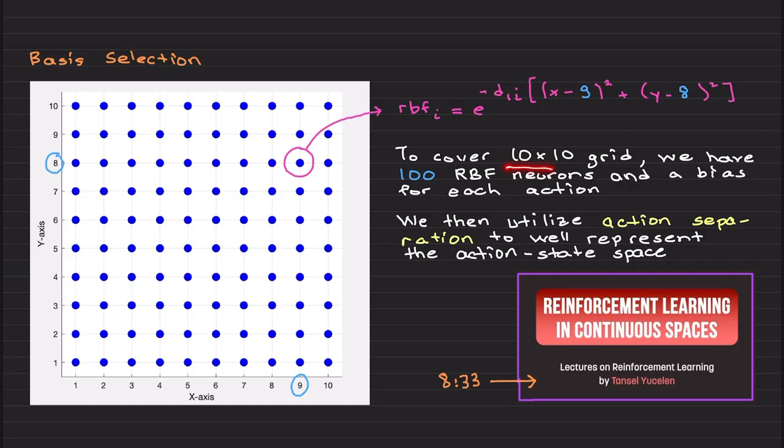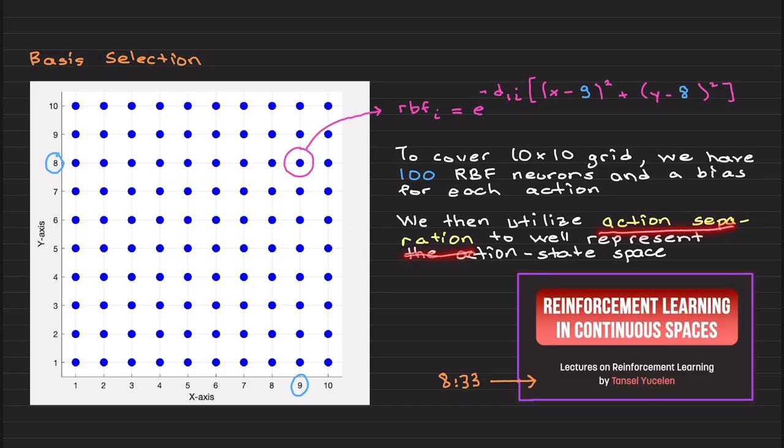So 10 by 10 means we have 100 radial basis function neurons and a bias, very important to include a bias, for each action. As I explained at the timestamp 8:33 of the reinforcement learning in continuous spaces video, I am using action separation.